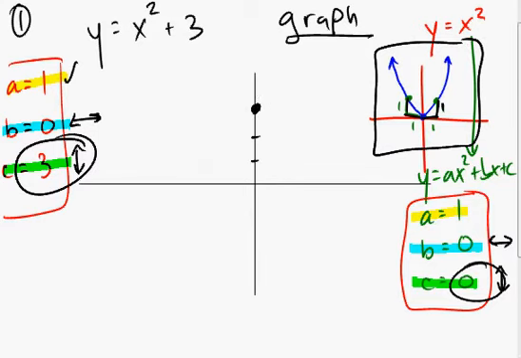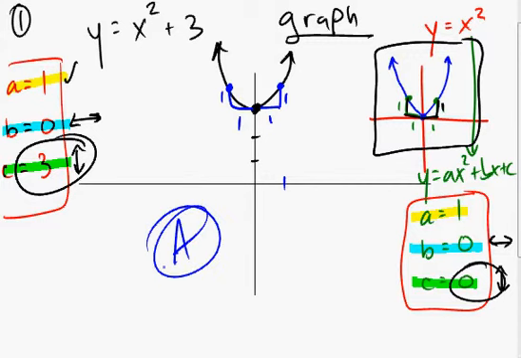Right there. Right? Over 1, up 1 is the shape. Okay? So if you knew that much, then you answer this question right, and you select choice A. All right? Any questions about that? Okay.